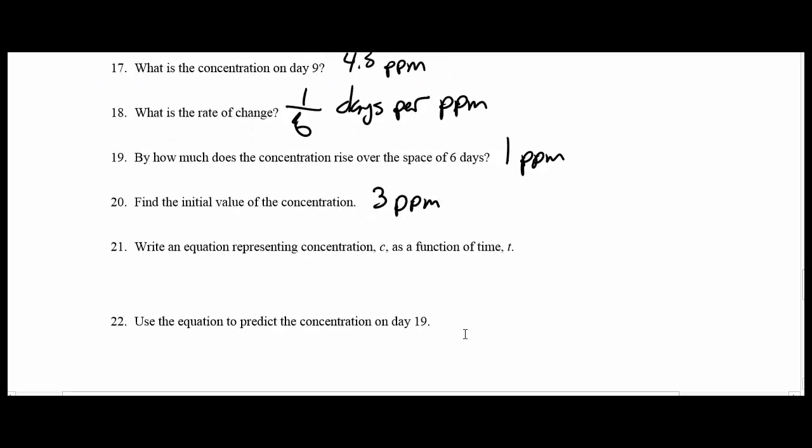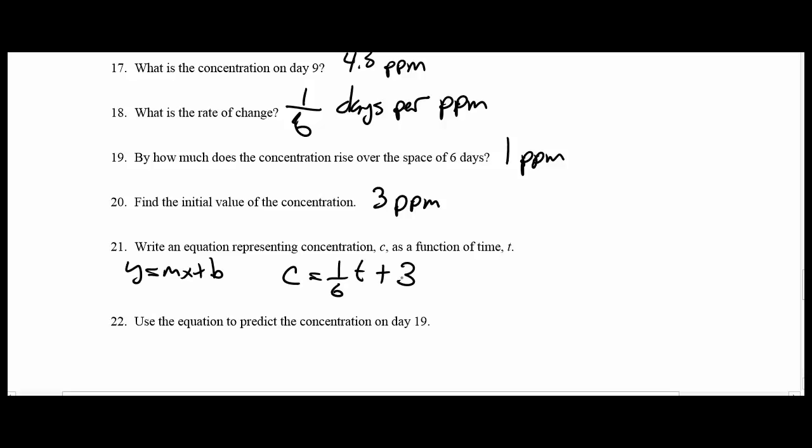Write an equation consisting of concentration as a function of time. So think y equals mx plus b, only we're not using y's and x's, we're using c's and t's. And we've actually figured out what our numbers are for our slope and our y-intercept already. So in this case, the concentration would be 1/6 times time plus 3.